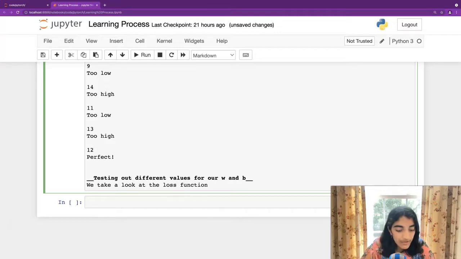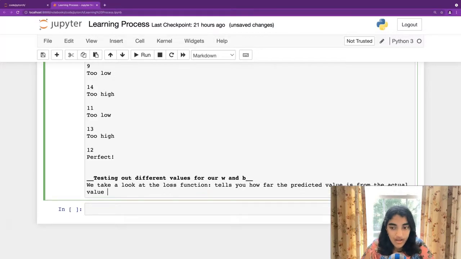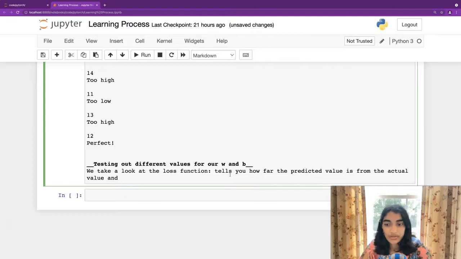Because the loss function tells you, I think I wrote this above as well, but I'm going to write this down again here, how far the predicted value is from the actual value. And what else does it tell you? Well, if you put this in other words, it tells you how wrong you are.